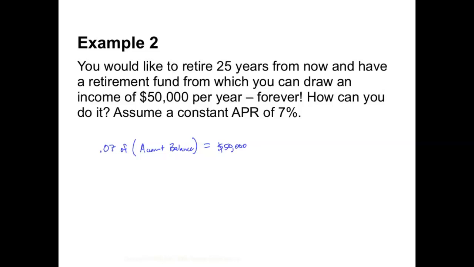So I can turn this into a multiplication problem. 0.07 times, let's just call it A, equals 50,000. So A equals 50,000 divided by 0.07.